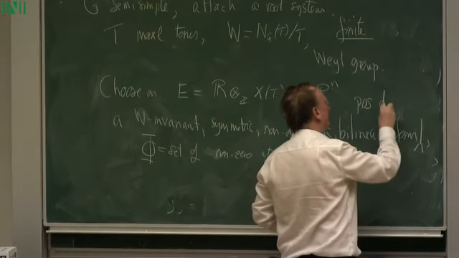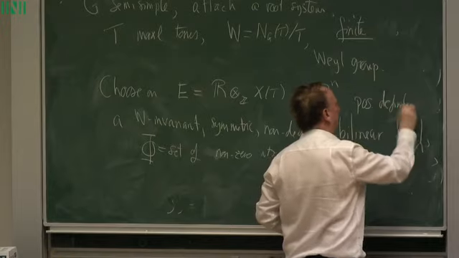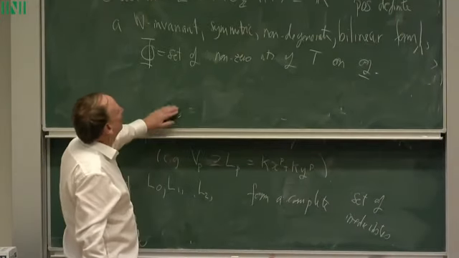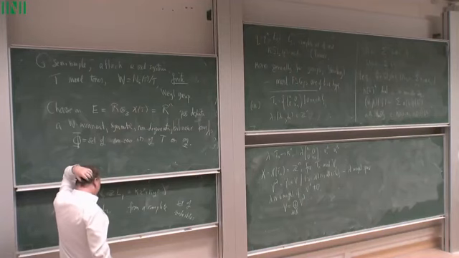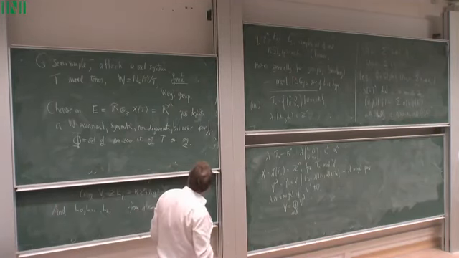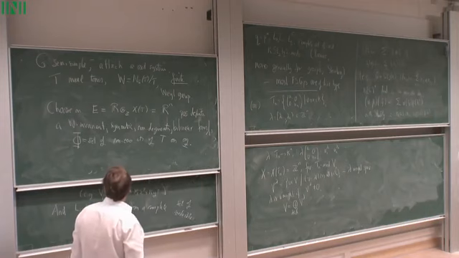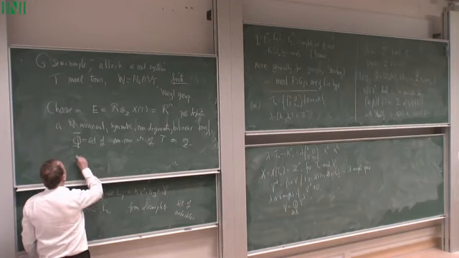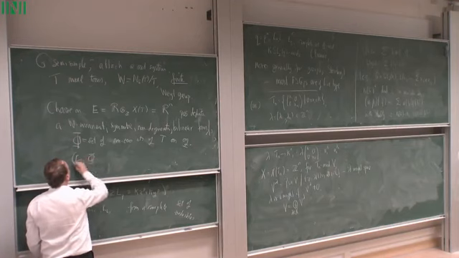Positive definite. Thank you very much. Right. So the set of non-zero weights of T acting on G. The conjugation action of T on the group descends to an action on the Lie algebra. And then E together with phi is a root system.